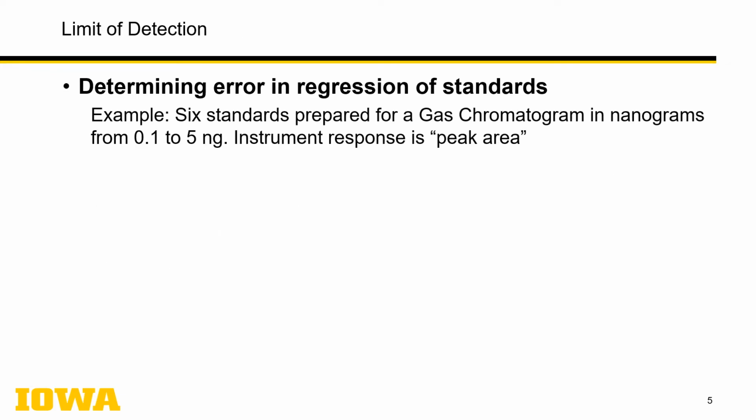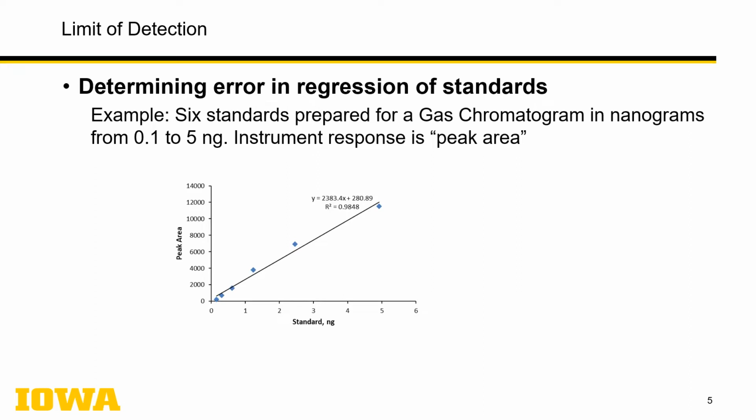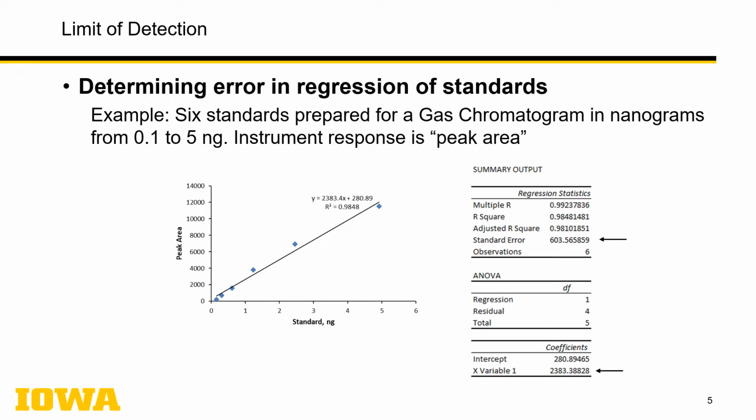So here's an example of, say you have 6 standards prepared for a gas chromatogram in nanograms from 0.1 to 5 nanograms, and the instrument response is this peak area. Okay, so you plot them out and you see a relationship like this. You can get a regression analysis from it, but we need this standard error value, and that is reported by Excel in the data analysis tool pack regression function.